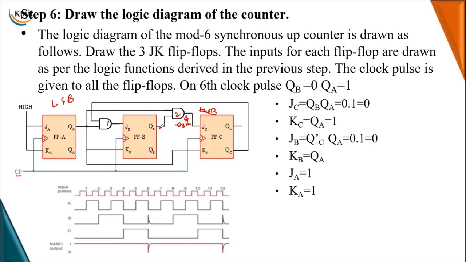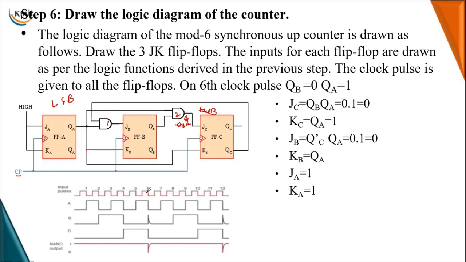So like this, we are obtaining the mod 6 counter output: the first flip-flop gives the QA output, the second flip-flop gives the QB output, and the third flip-flop gives the QC output, one bit of the 3-bit counter.